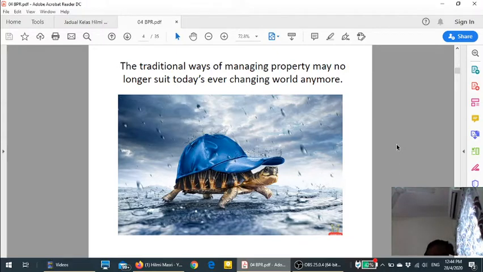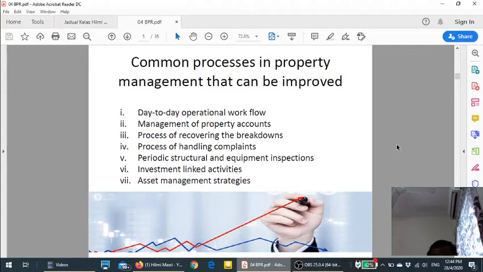The Board also provided various standards of procedures that we can adopt, and if you feel we can do more, we try to improve. Common processes in property management that can be improved, we have about 7 key areas.